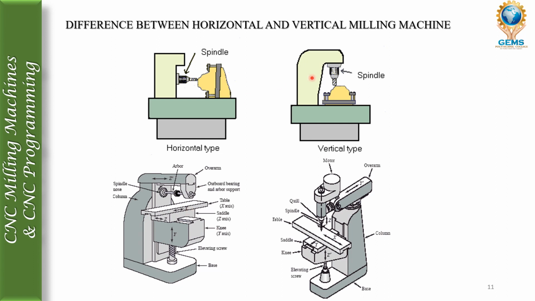And here in the vertical milling machine, the tool is kept vertical to the workpiece, vertical to the axis of the workpiece, and it will do the vertical movement. You can see here the z-axis, x-axis, and y-axis.